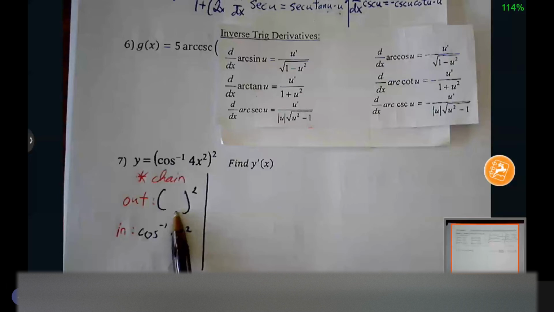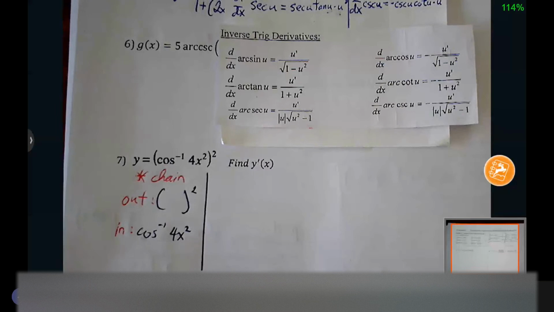Take care of your outside first, and then in a separate space, you can take care of the arc cosine derivative.